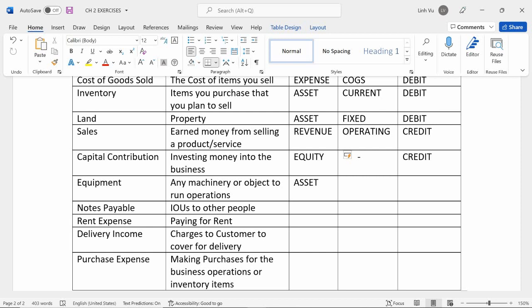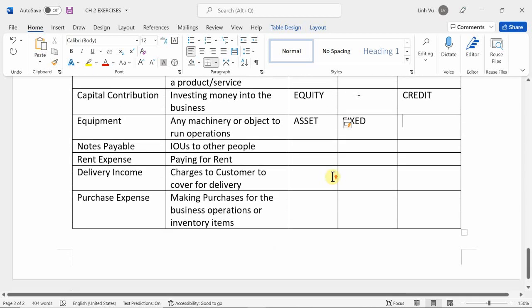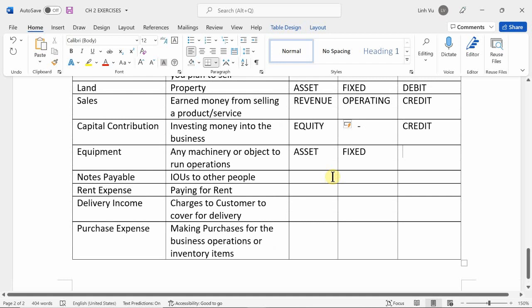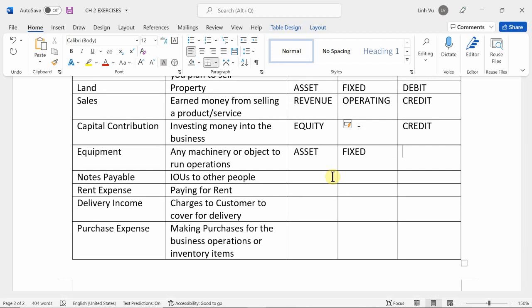Because it falls under the category of property, plant, and equipment, right? It's straightforward. It's equipment. So in this case, it's a fixed asset. Okay? How do you increase assets? Debit. Yes. With a debit. Okay.